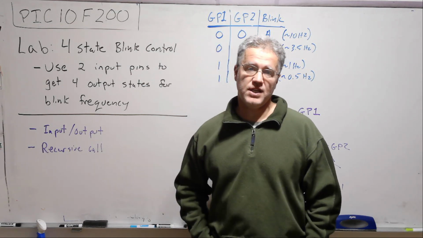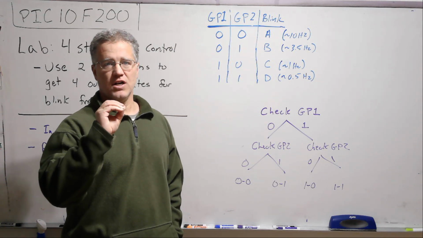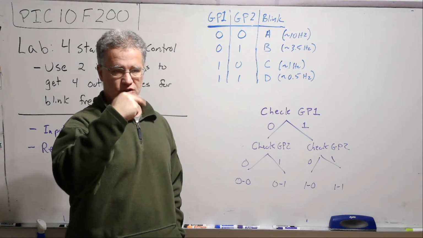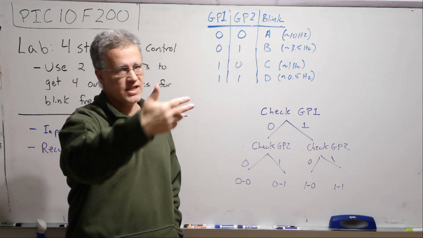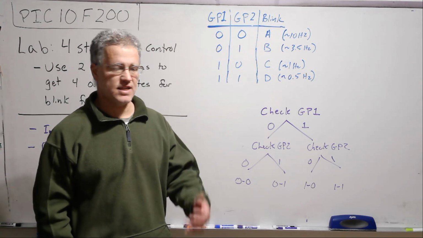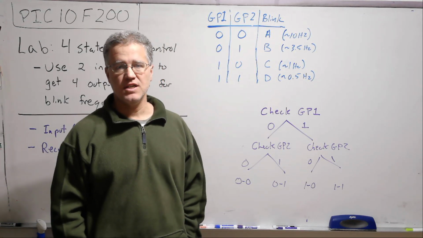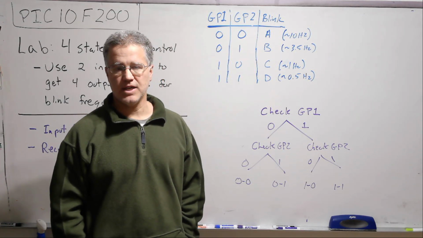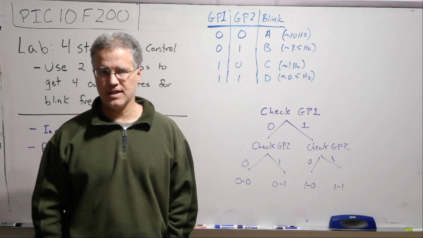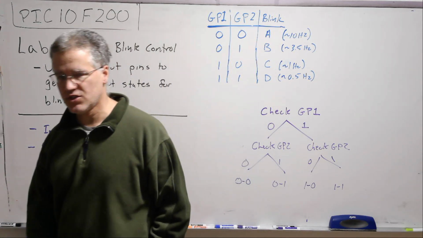Now, as you know, the PIC10F200 has a limit of a double recursion, or 2 calls you can make within a function, and after that it doesn't work, or you might get nonsense. So we're at the limit here. We're going to call a function inside another function, but we can do that with the PIC10F200. It's got that capability. All right, let's go back to the code now and see how this all works.